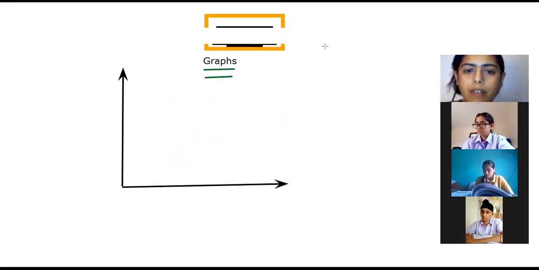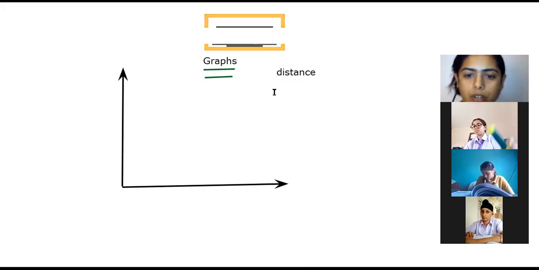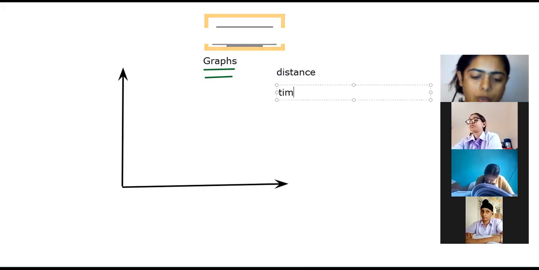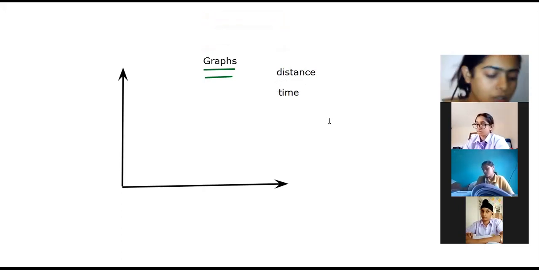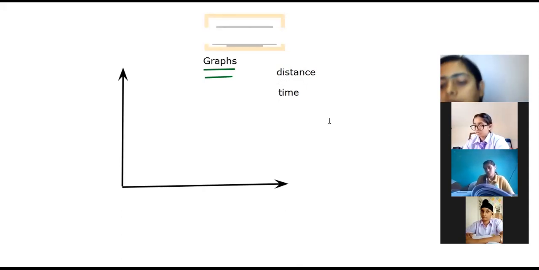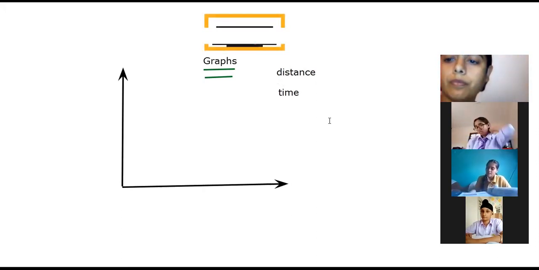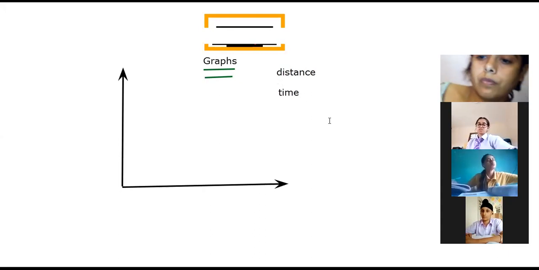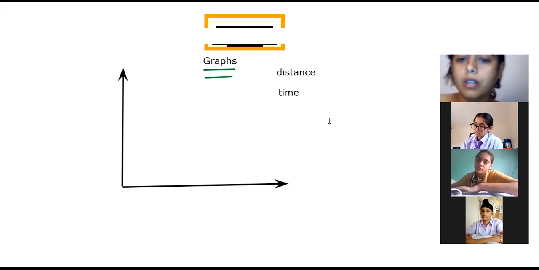Now you will be having two different quantities which you have to write. One is distance, one is time, because we are talking about motion. So we are going to draw the speed graph where we are going to find out speed. For that, we have to compare the distance and the time taken by the particular object.